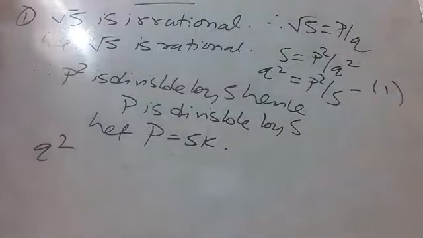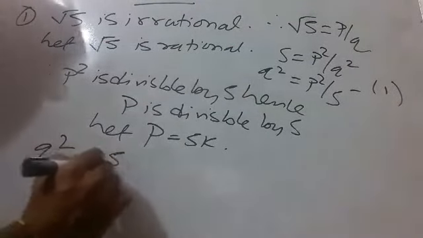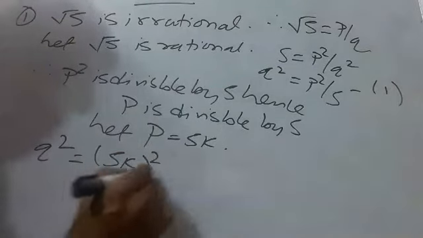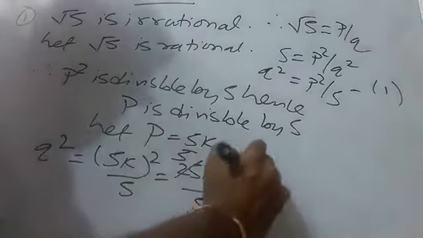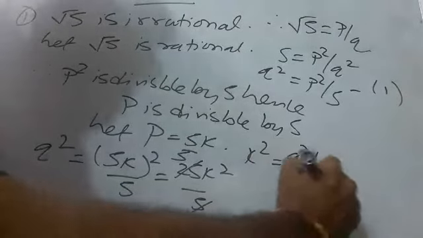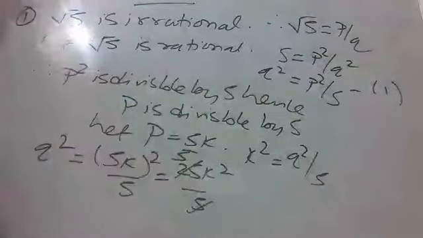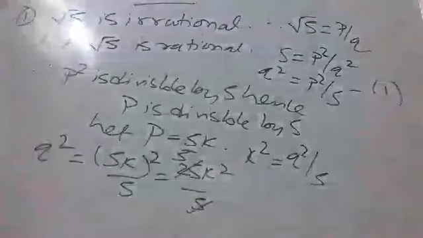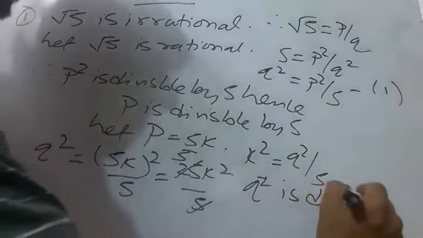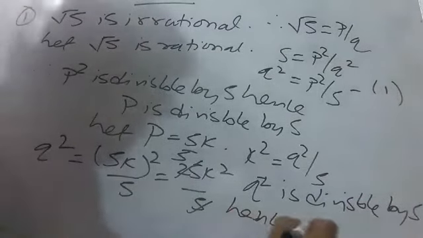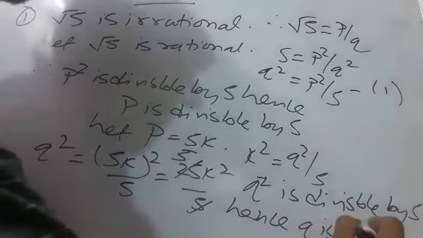Putting this value here, we get q square is equal to 5k whole square upon 5, that is 25k square by 5. So k square is equal to q square by 5. So here again the same condition arises: q square is divisible by 5, hence q is also divisible by 5.